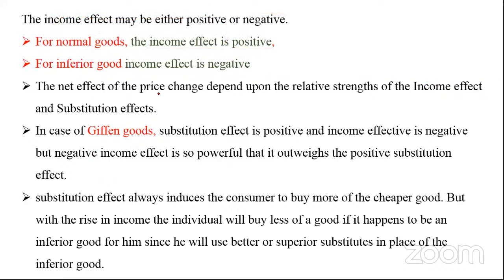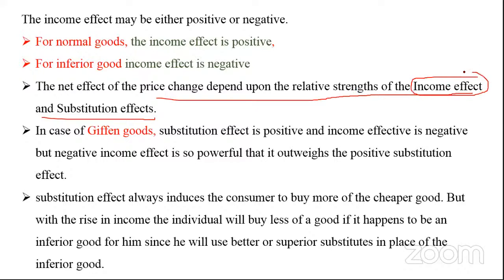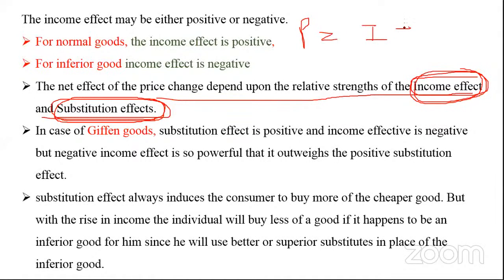The net effect of the price change depends upon the relative strength of the income effect and the substitution effect. When the income effect is stronger, the price effect is positive or negative accordingly. When the substitution effect is stronger, the price effect is likewise positive or negative. The price effect is the summation of the income effect and the substitution effect.